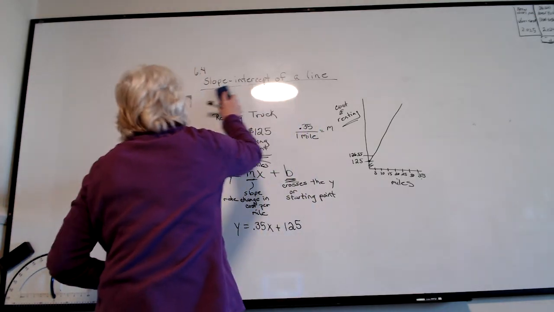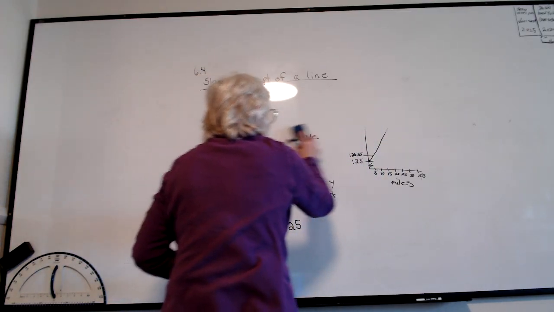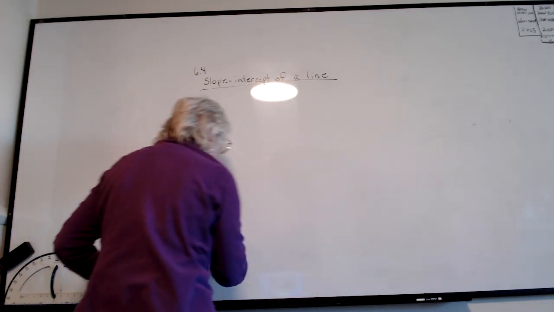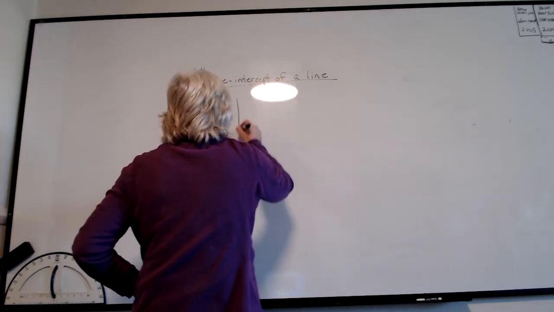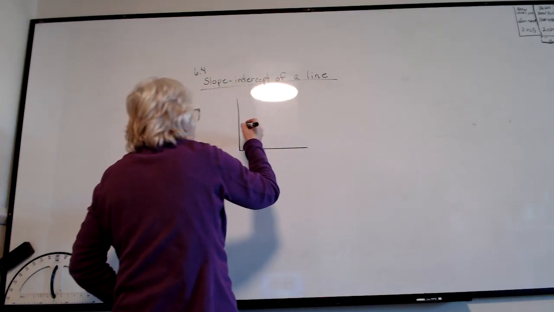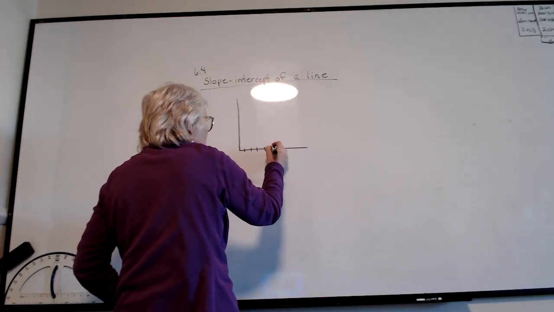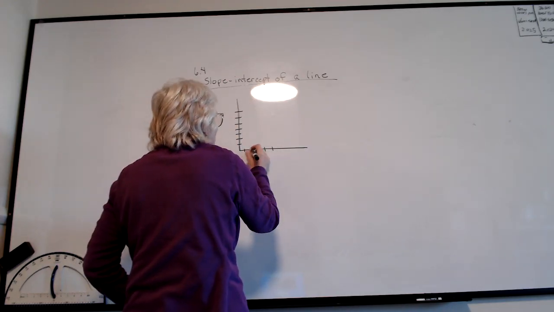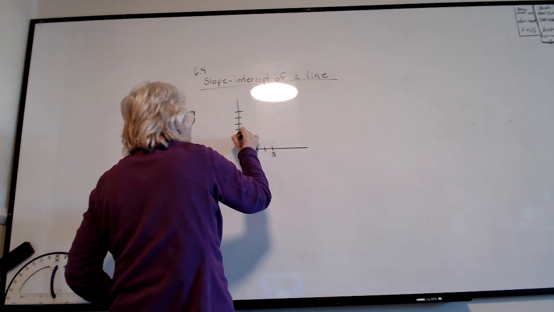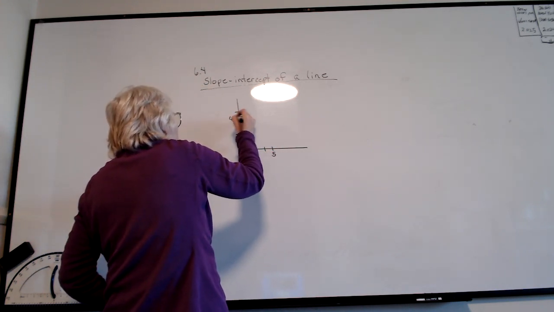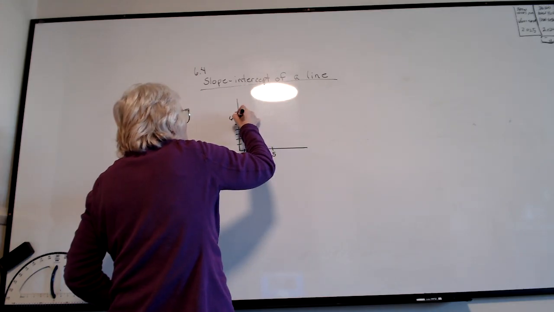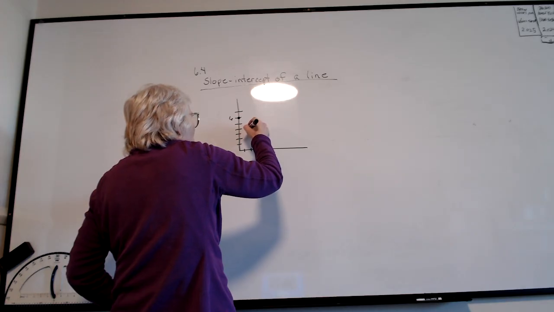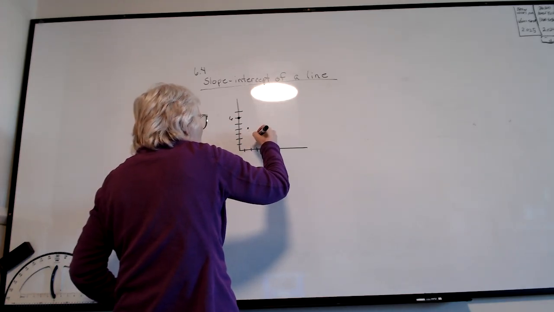Now, let me show you, if I just give you a picture, a graph, how do I find the slope-intercept form? So let's say I have this graph. Okay, so 1, 2, 3, 4, 5. 1, 2, 3, 4, 5, 6. It starts at 6 and it's going down this amount.